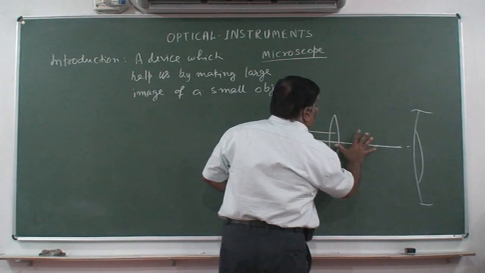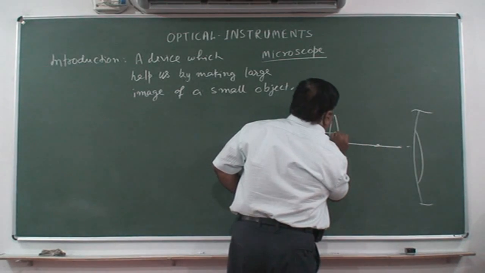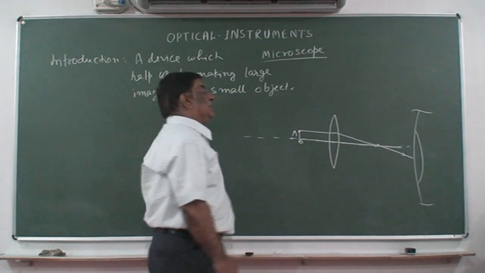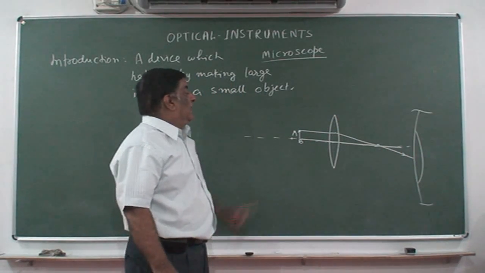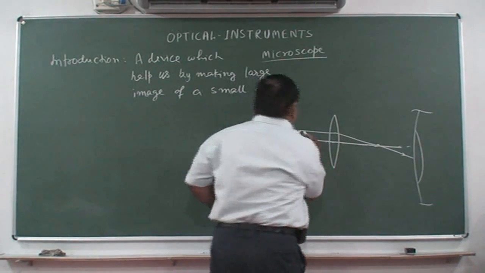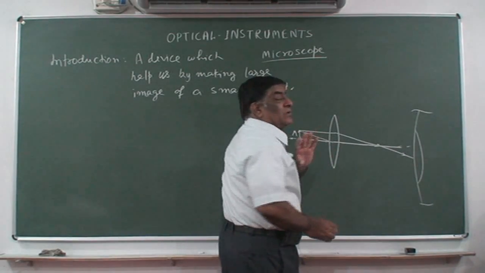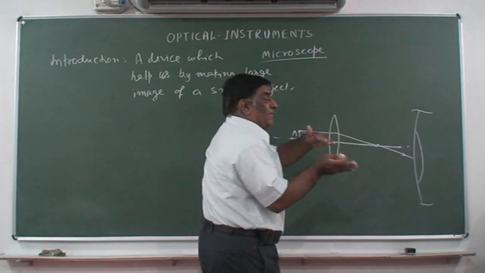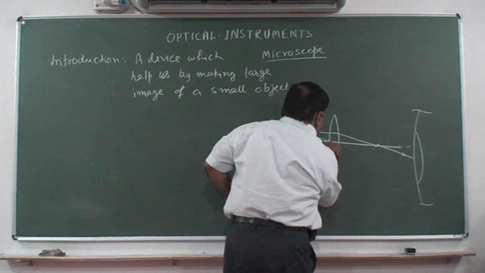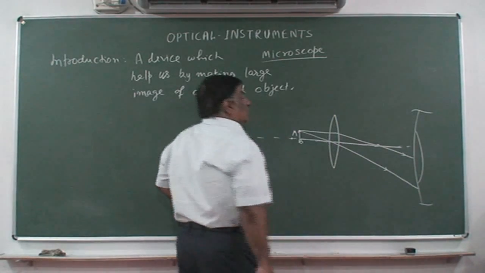There is a focus on this side too, F, and it will bend towards the focus. Another ray goes from the optical center to our eyes. There is no refraction at the optical center. So these are the two rays.